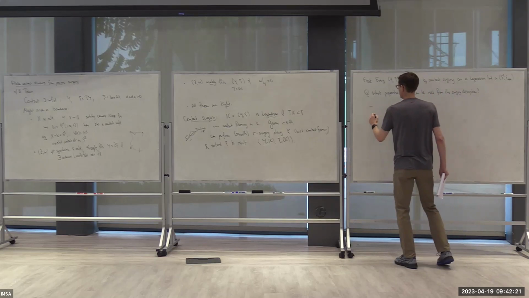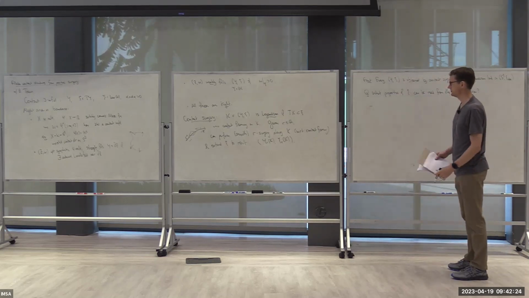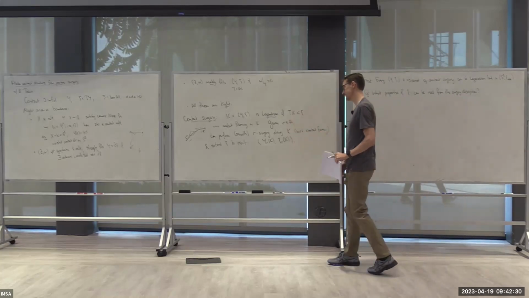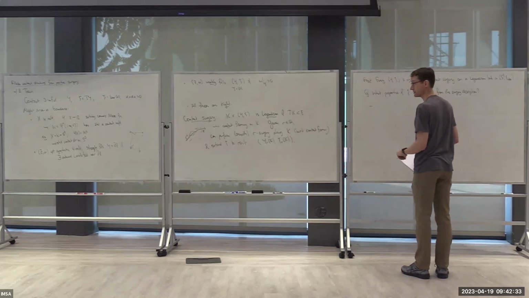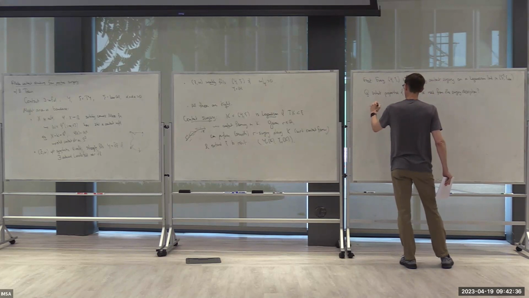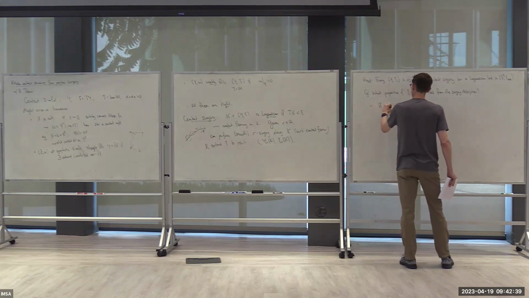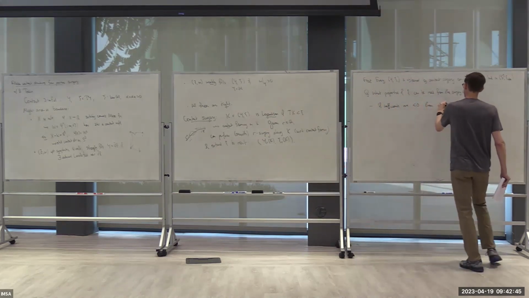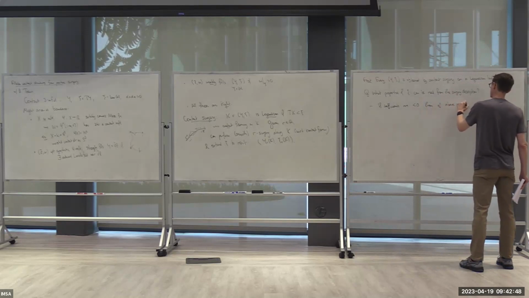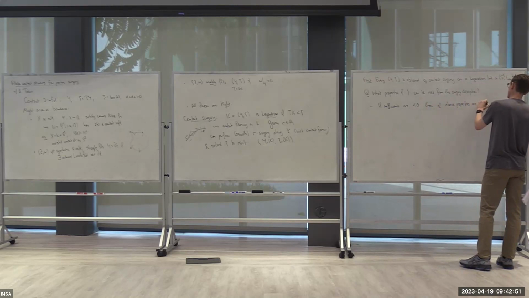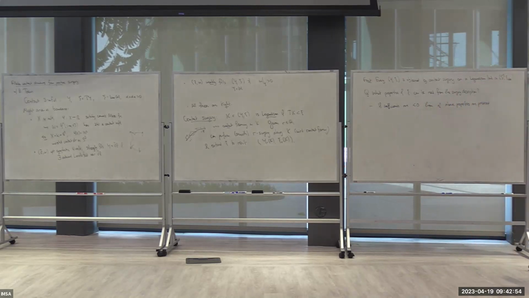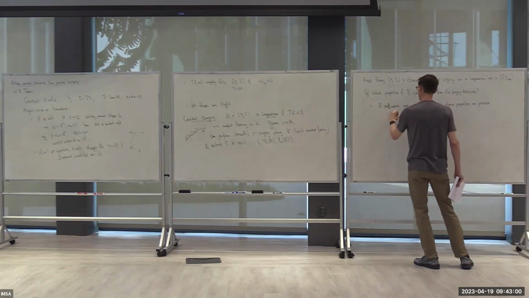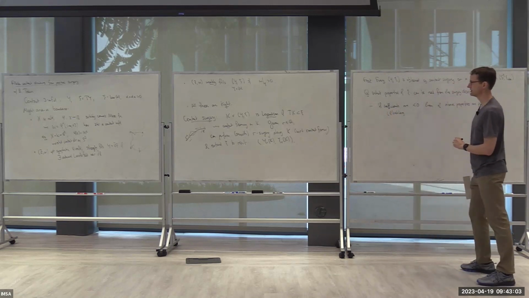So for example, if you do contact surgery using a coefficient here that's negative, then it preserves all those properties.